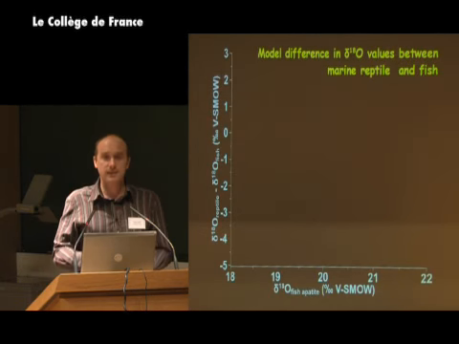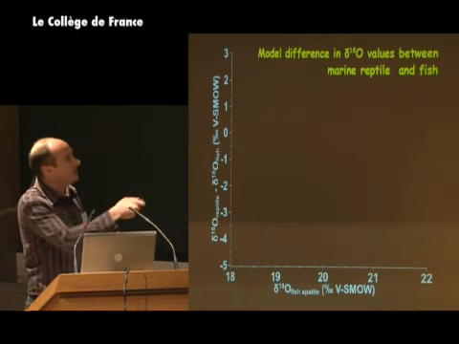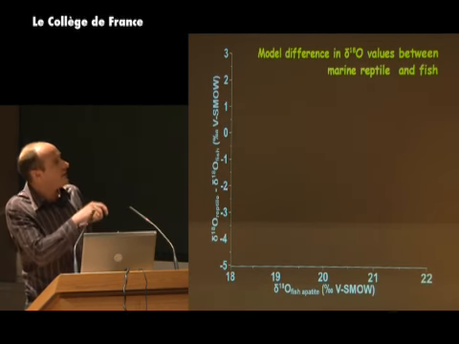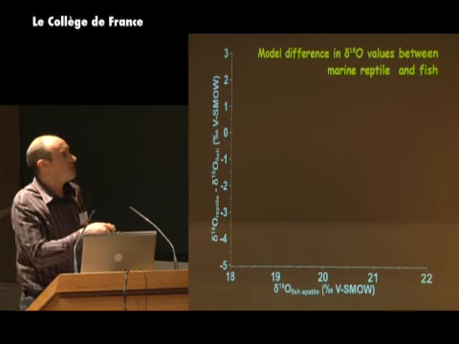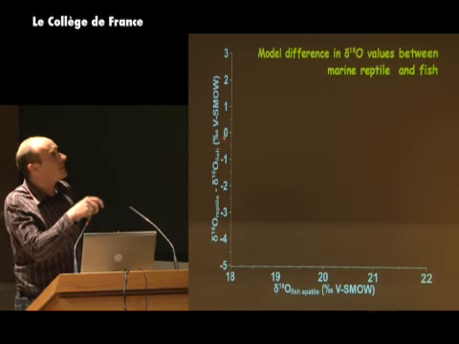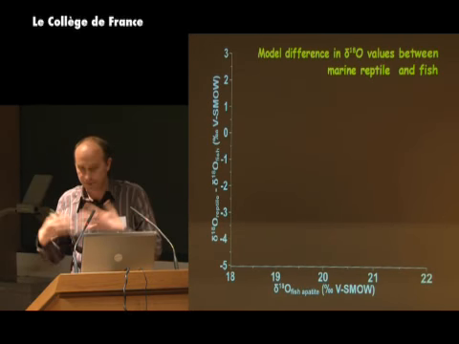So let's draw the theoretical framework here. To express this, I will use a similar way. On the ordinate you have the delta 18O value of the reptiles minus the delta 18O value of fish, which will be used as the ectotherm for comparison.